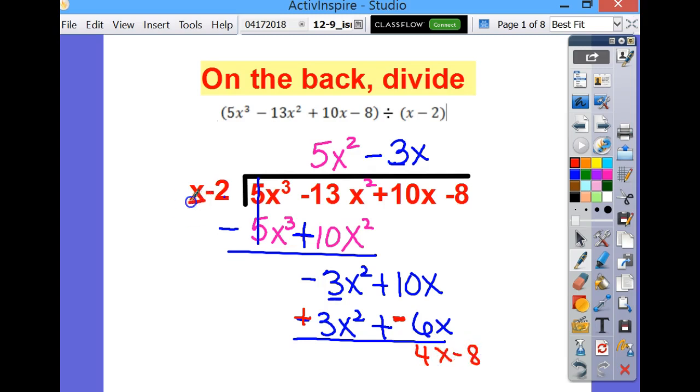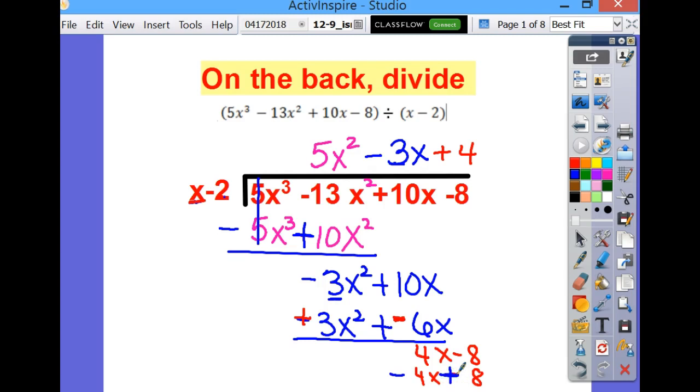What am I going to multiply the x by so it's going to cancel out the 4? 4 times x is 4x. 4 times negative 2 is negative 8. Change signs, add up the columns, and everything zeroes out.